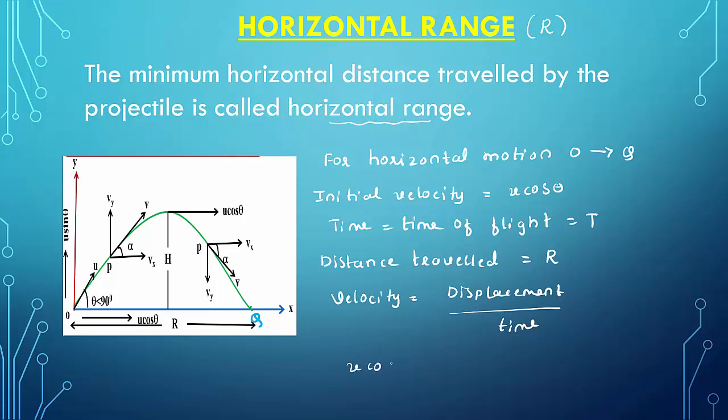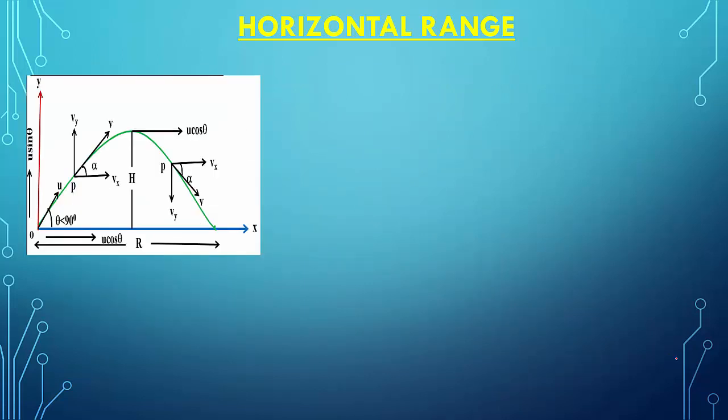Velocity is u cos theta, and the displacement along the horizontal axis is R, divided by time, capital T. So u cos theta equals R divided by T, or we can write R equals T into u cos theta. So here I am going to use the equation R equals T u cos theta.